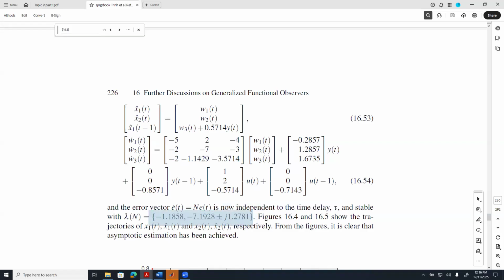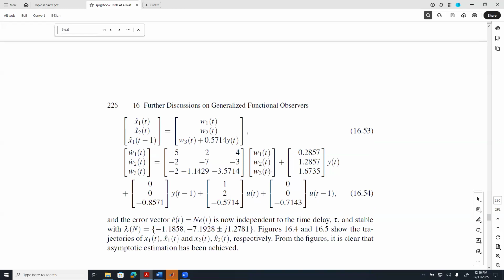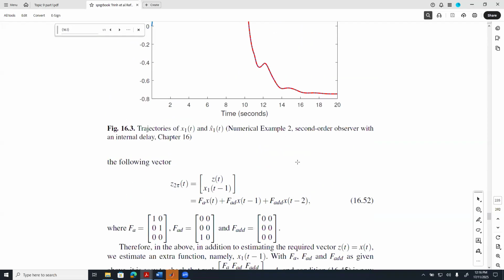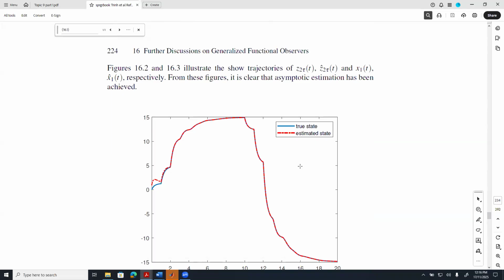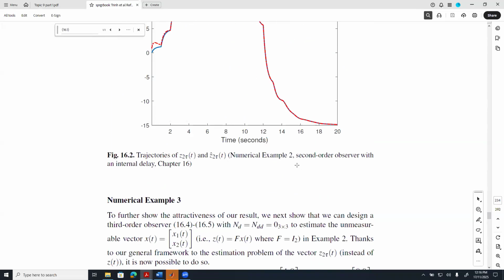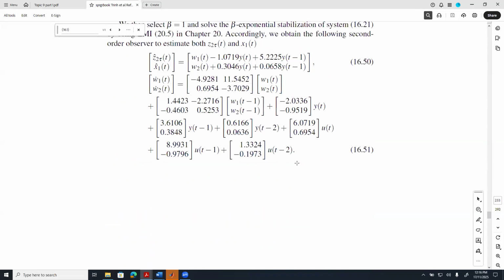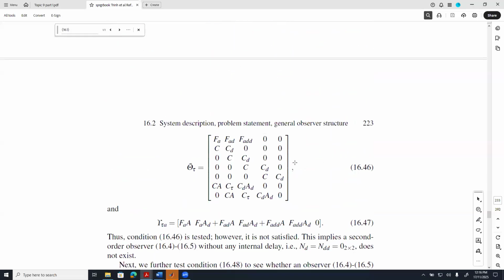So that allows us to achieve a third order observer. This third order observer allows us to estimate these stack variables x1, x2 of this system.